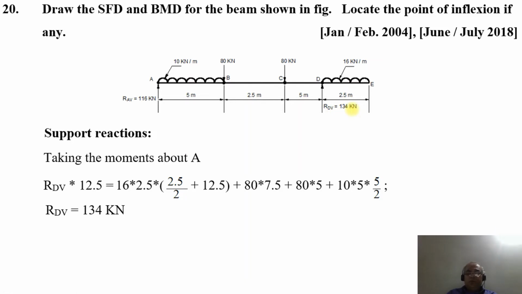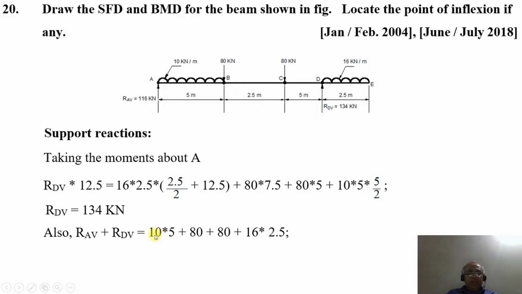Also, we know the sum of the vertical reactions acting upwards will be equal to the sum of the vertical loads acting downwards. So RAV plus RDV will be equal to 10 into 5 plus 80 plus 80 plus 16 into 2.5.